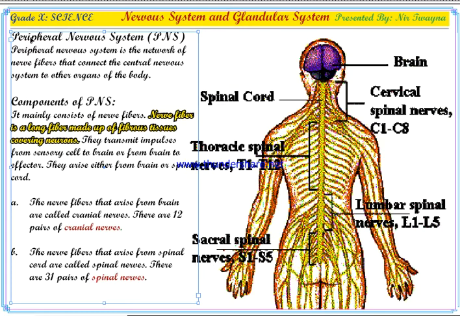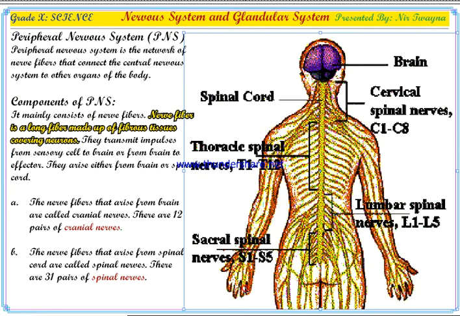It delivers whatever impulse comes from the brain to the organs, or whatever impulse comes from the organs to the brain. They are just the conductors in our body. Just like in an electric circuit, they only pass electricity or electric impulses throughout our body. That is the only function they perform.